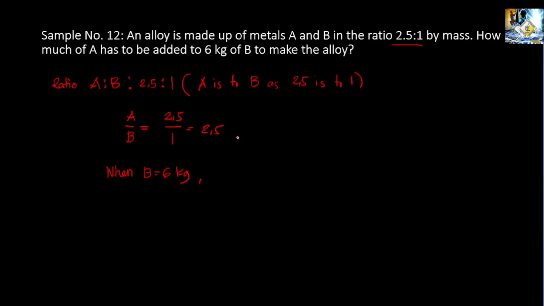How much A is added is unknown, since A is what we are looking for. So if B is 6 kg, then A over 6 is 2.5.